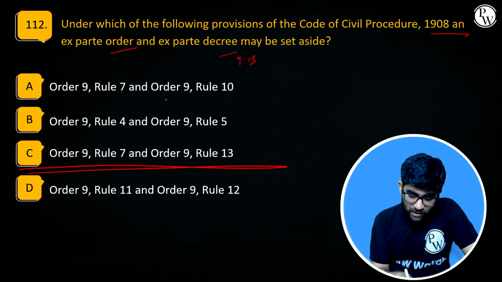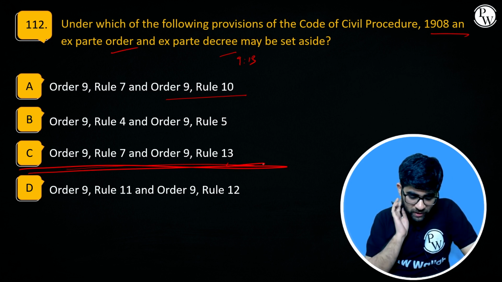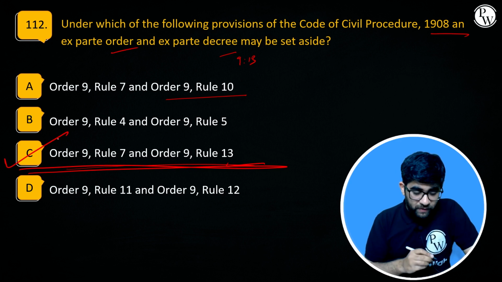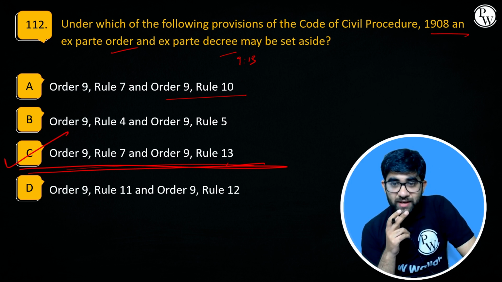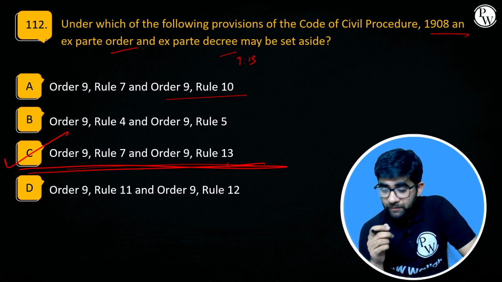Order 9 Rule 7, Order 9 Rule 10, Order 9 Rule 4, Order 9 Rule 7 and Order 9 Rule 13. Answer is C. Order 9 Rule 7 is ex parte order and Order 9 Rule 13 is ex parte decree.